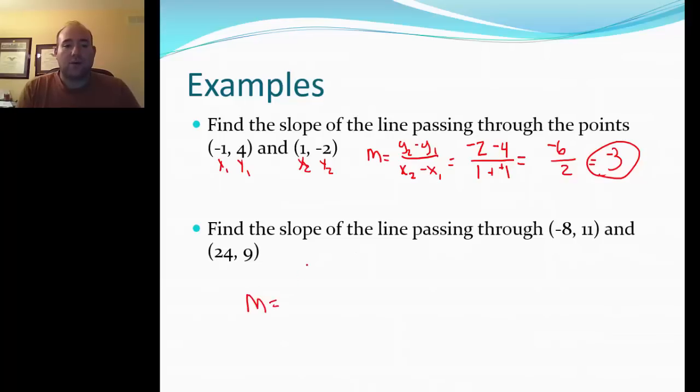All right, so again, to tell you, it doesn't matter which one you do first and second. I'm going to make 24, 9 be my x1, y1, and I'm going to make -8, 11 my x2, y2. So we'll do y2 minus y1 over x2 minus x1.